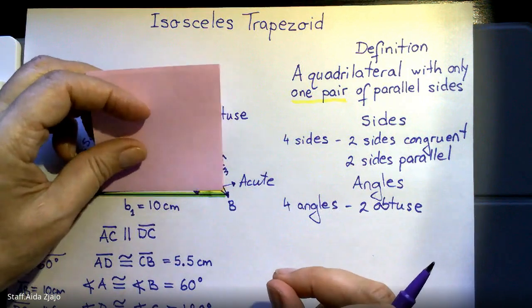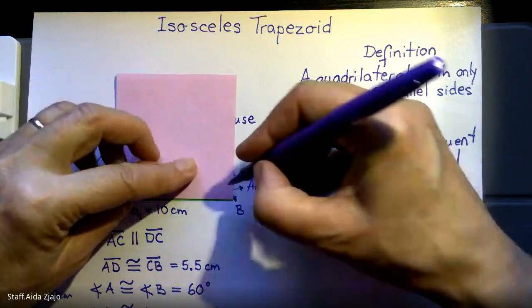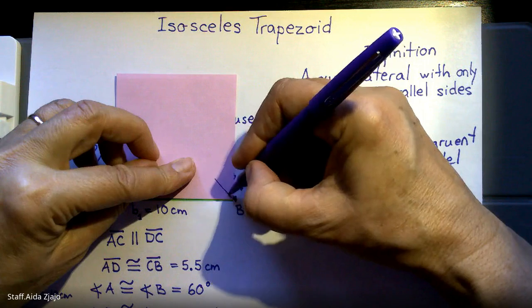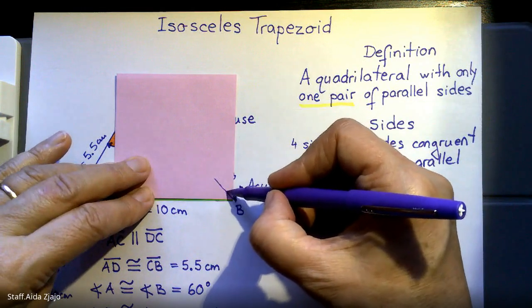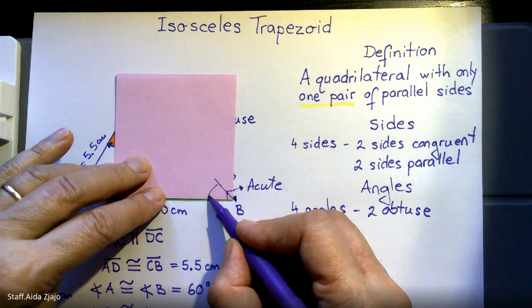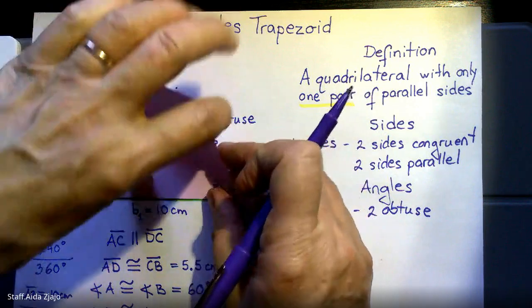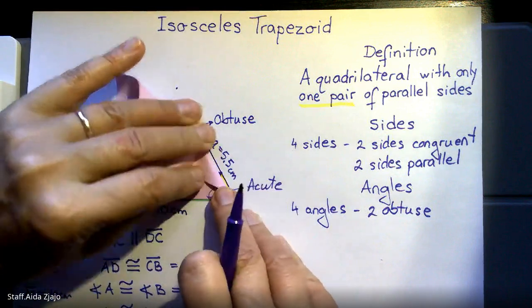So if we look at this angle, the 90 degrees is about right here. So this angle is less than 90 degrees. And we can show that to the kids if we fold it.